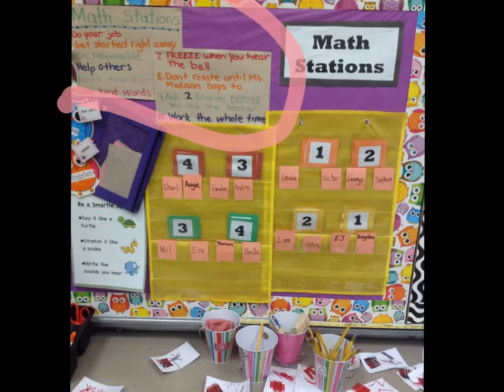I incorporate lots of different types of hands-on activities during my lessons, and there's lots of movement in my daily routines. Now, this doesn't really have to do with my math stations, but in general, I do try to consider the needs of kinesthetic learners, visual learners, and auditory learners, and meet their needs through different activities throughout the day.